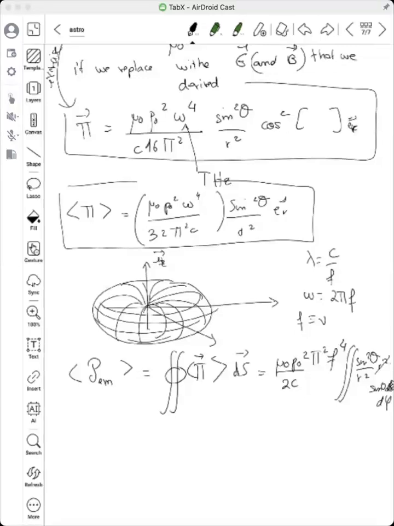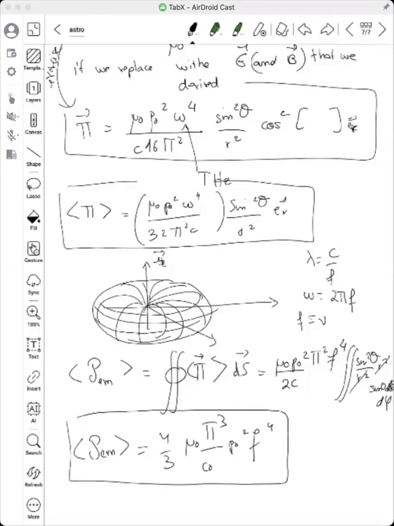And here too I will give you the bottom line. The mean power is the following: 4/3 of μ0 p0² ω⁴ over c³ times... The important thing is that this is called Rayleigh diffusion.